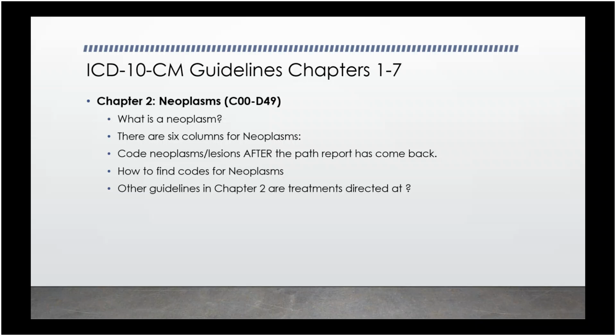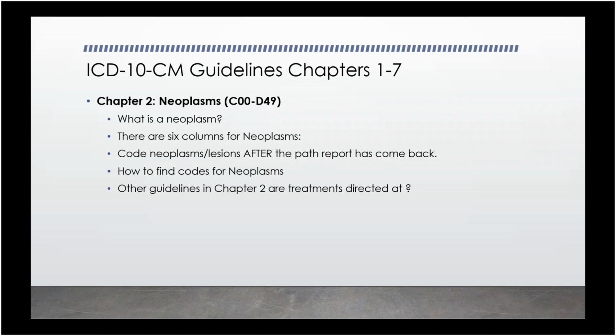The best rule of thumb is we want to code after we get our path report. However, if it's an emergency department, you're not always going to have that. So you may code just simply a mass or a lesion. But for correct coding purposes, to support billing, we want to make sure that we don't code until after the path is received.